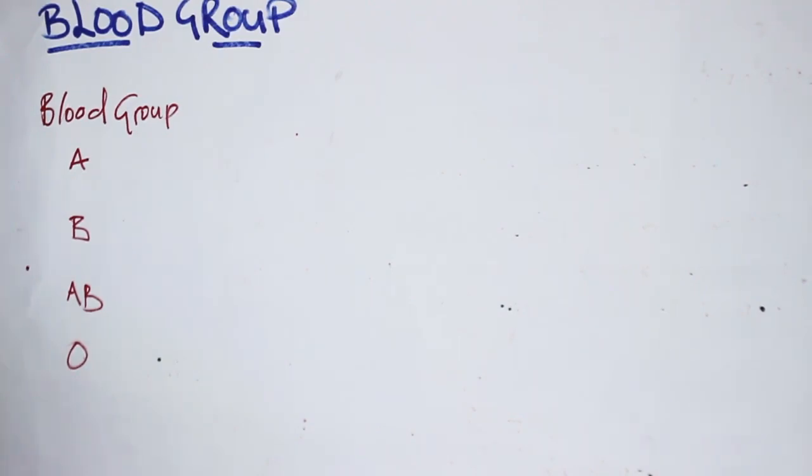Now, there are also what we call antigens. If you may recall, antigens are just particles in our body, such as toxins, chemicals, bacteria. So we've got antigens and we also have antibodies.